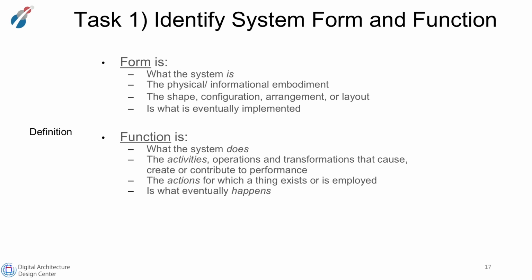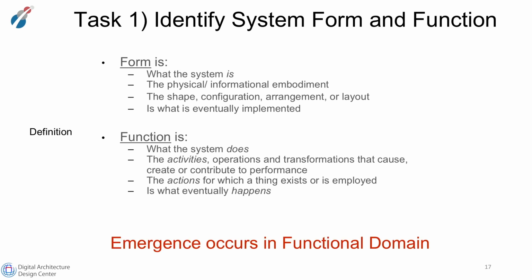The function is what the system does. It's the set of activities, operations, and transformations that cause, create, or contribute to the performance of the system. It's the actions for which a thing exists or is employed. And it's what eventually happens. So emergence, the way we've defined it so far, comes from the functional domain, not from the form domain.